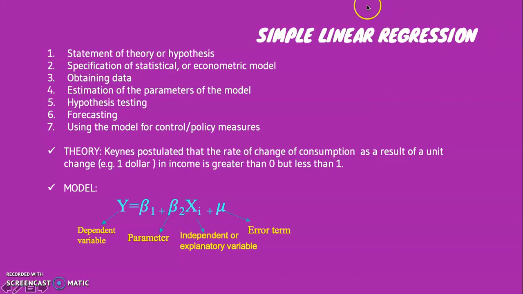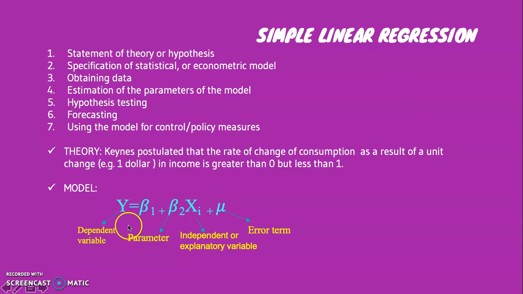Let me say it the way Keynes stated it. Keynes postulated that the rate of change of consumption as a result of a unit change in income is greater than 0 but less than 1.